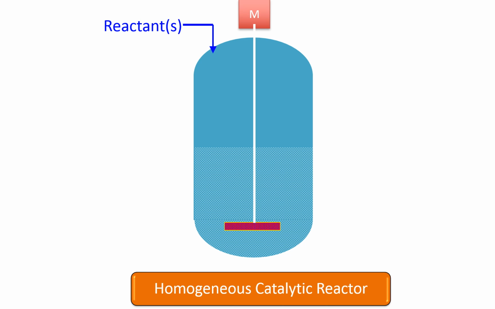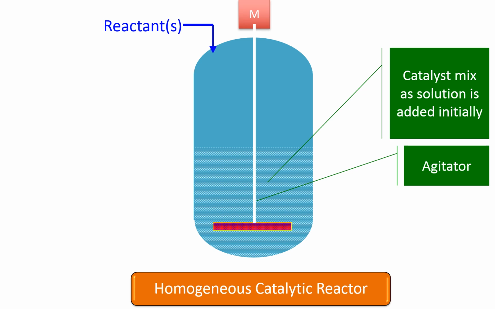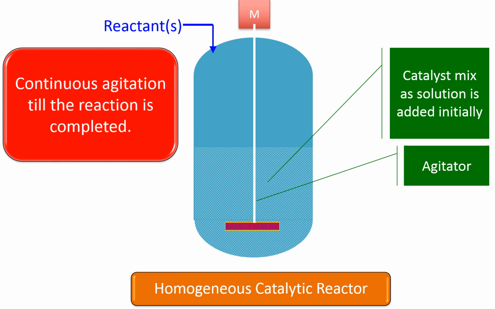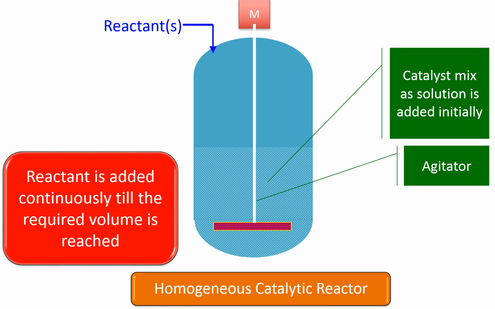This figure illustrates a homogeneous reactor. The catalyst solution is initially added to the reactor. The reaction rate is controlled by the addition of the reactants, and the contents are kept under constant agitation. It is a CSTR.